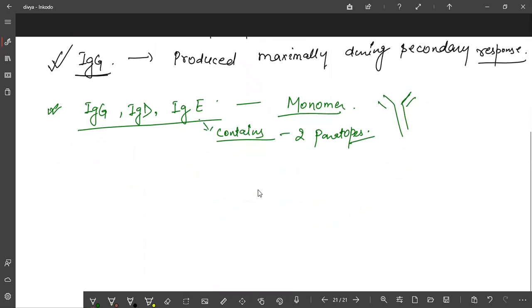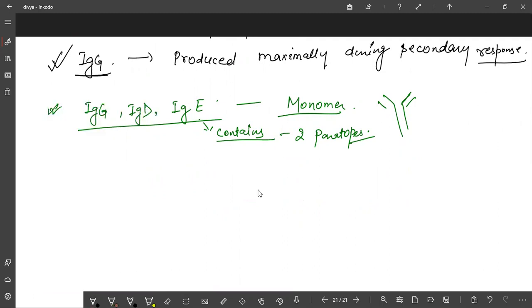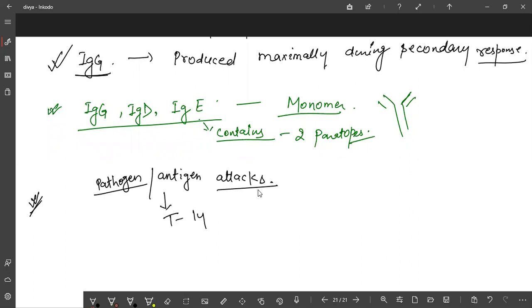Now, suppose how our immune response works when any pathogen or antigen attacks our body. Then T lymphocyte is activated, especially T helper lymphocyte.